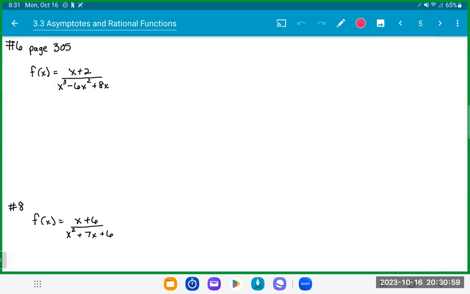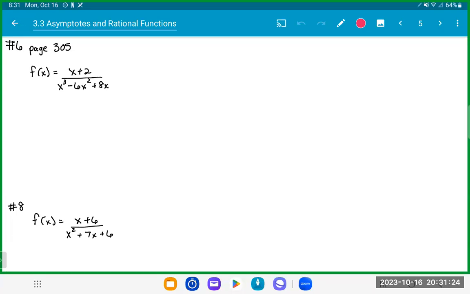All right, so the first couple of examples, we're going to look at determining vertical asymptotes, okay? So this comes from page 305 in your textbook, number 6. And remember, when we want to determine what our vertical asymptote is, we first want to write our function in simplest form.